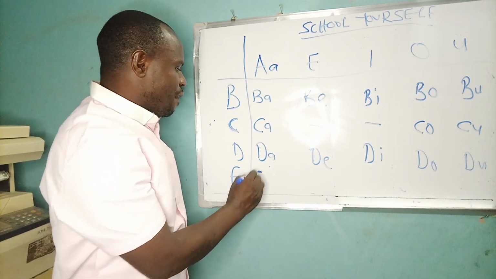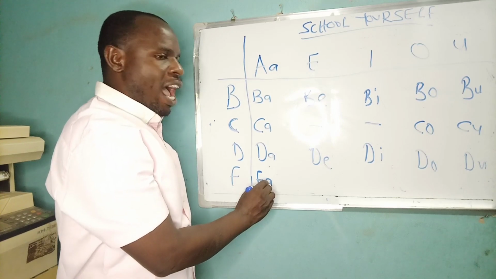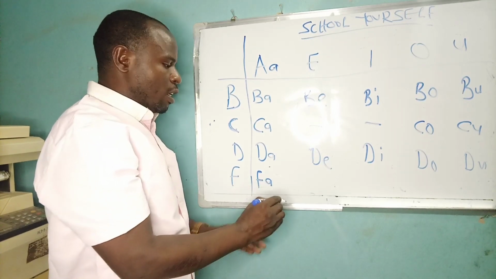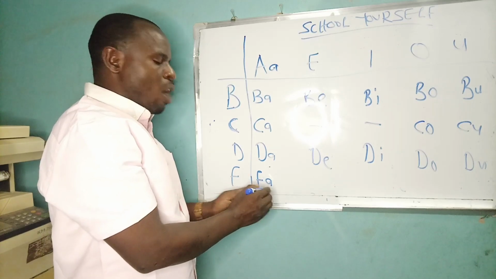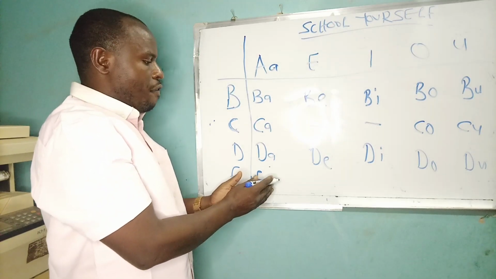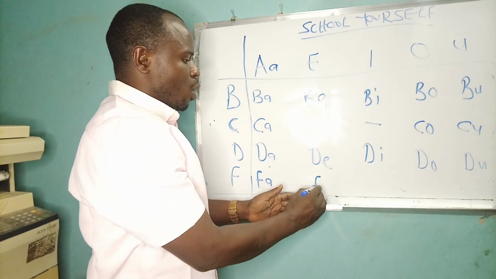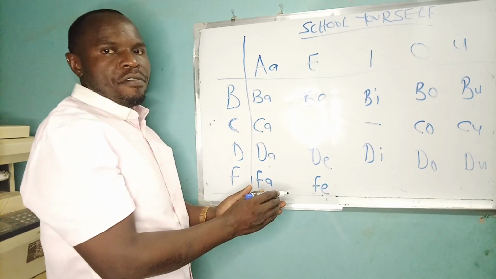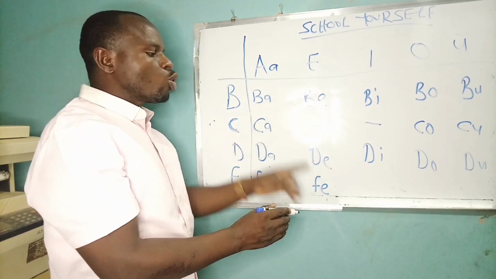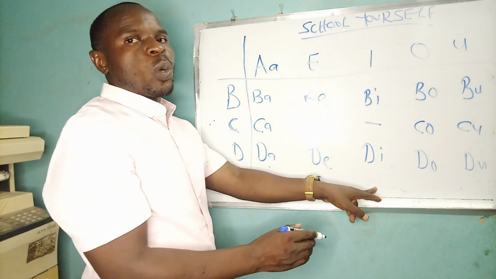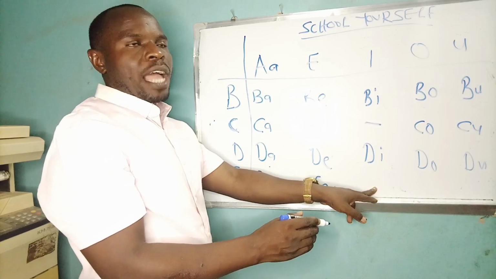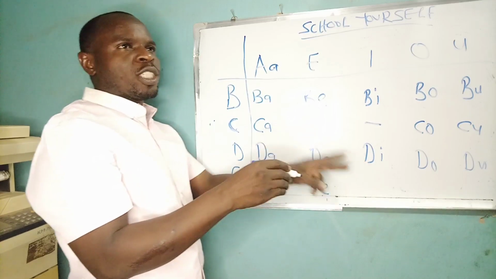So I'm having F with A now. That's "fa." You clear the gap between them. You have F, you have A, you come together, "fa." Then you have F, you have E, become "fe." You can see, I told you, it will go in the direction of the vowel. Then if I'm having E now, E, F. I told you that the E at the beginning is not the real thing.